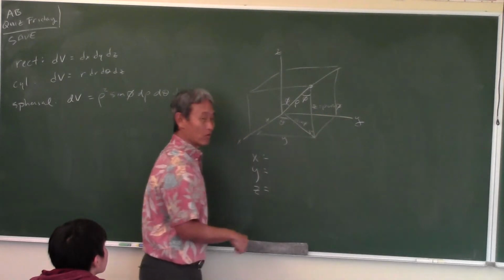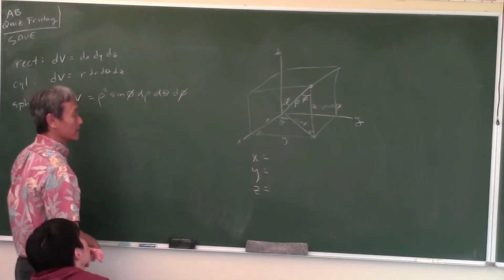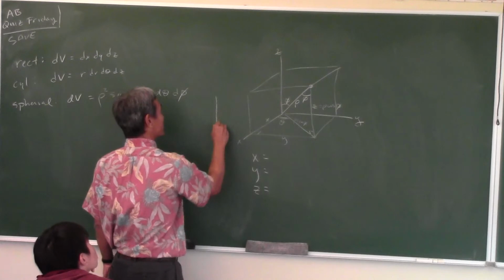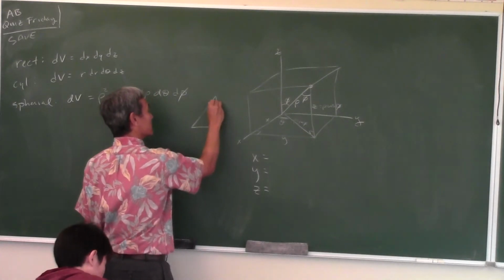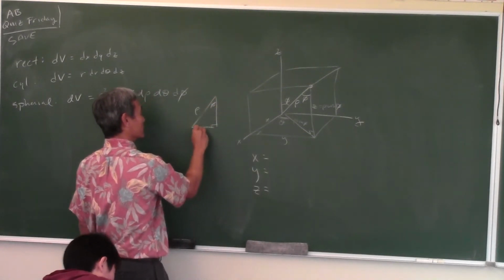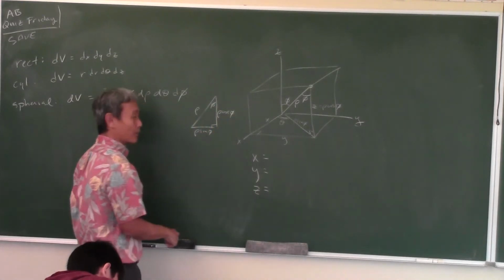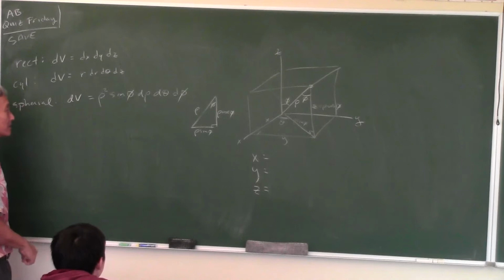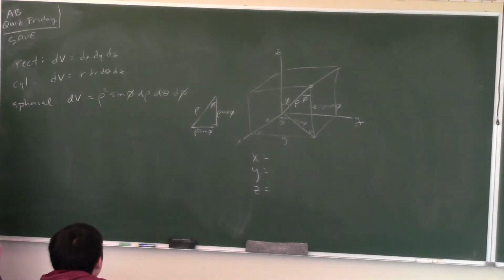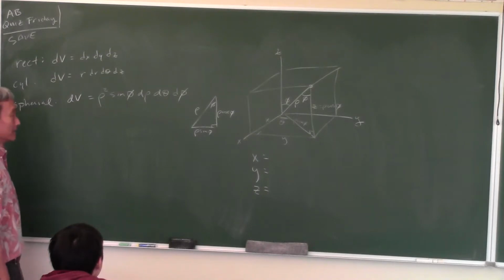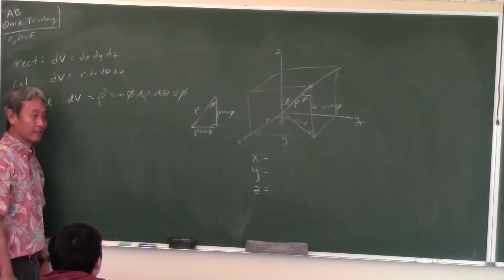So z is rho cosine phi. Here's phi, here's rho. Wouldn't this be rho sine phi and rho cosine phi? It's like componentizing the vectors in physics, a free body diagram.